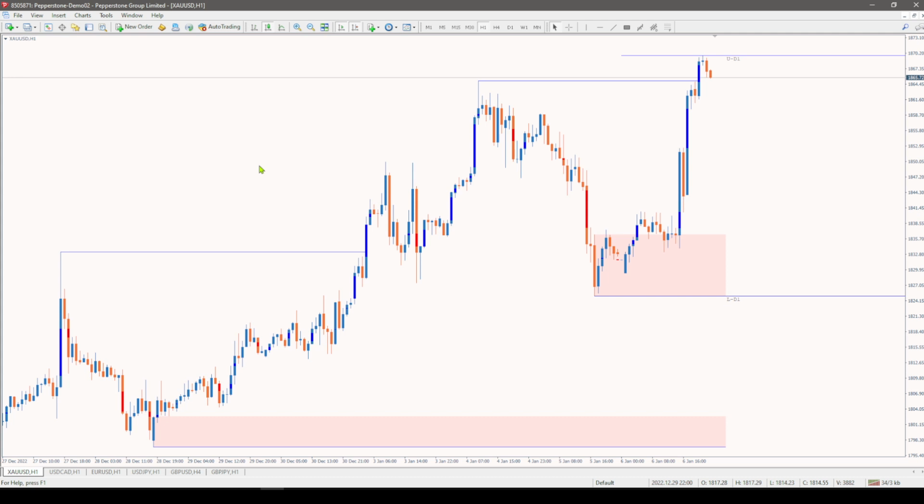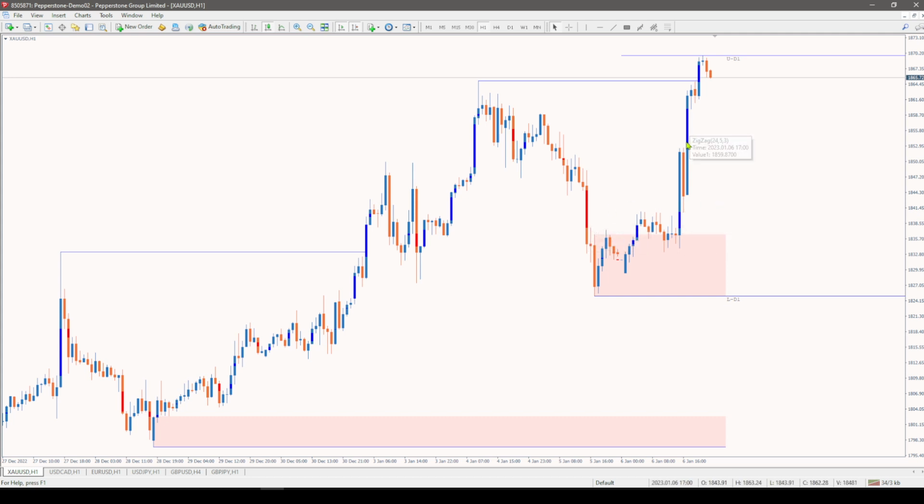As you can see, two support zones or two order blocks are already showing here. Beside that, you can see different colors inside the candles.